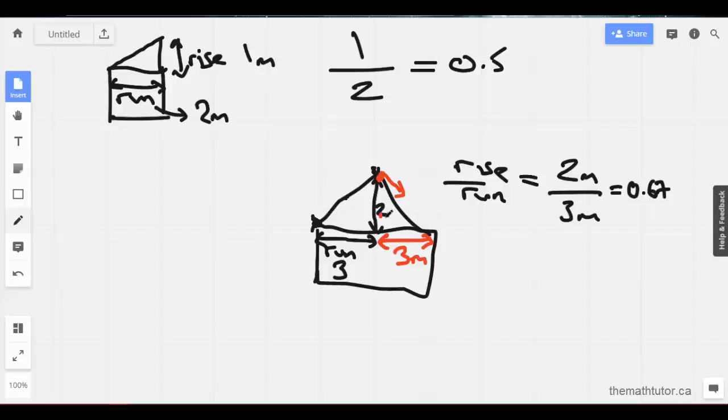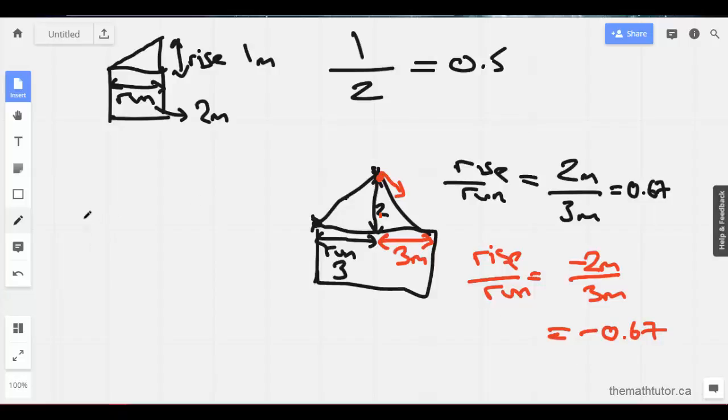So it falls 2 meters. So the run is still 3 meters, but this one falls 2 meters. So we can say it rises minus 2 meters. So that's the important thing to get from this one, and that comes out at a slope of minus 0.67.